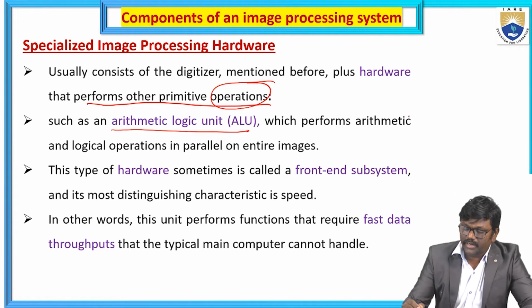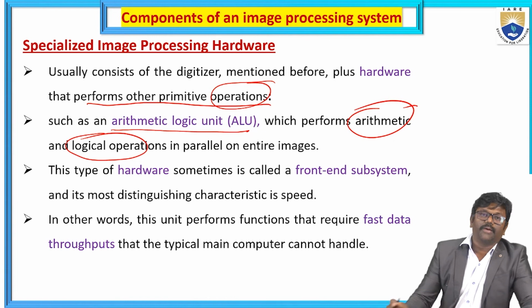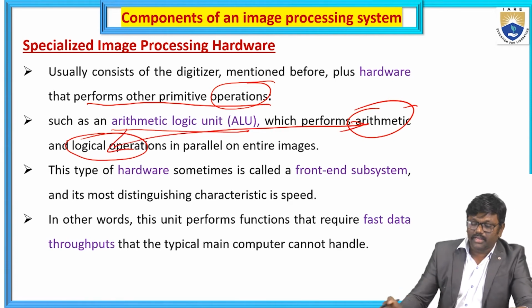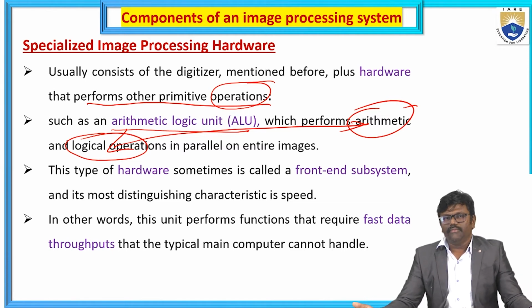We have to understand what the arithmetic operations and the logical operations will be. As all of you know very well, because we are studying in the 5th semester, we understood the basic information about the ALU.